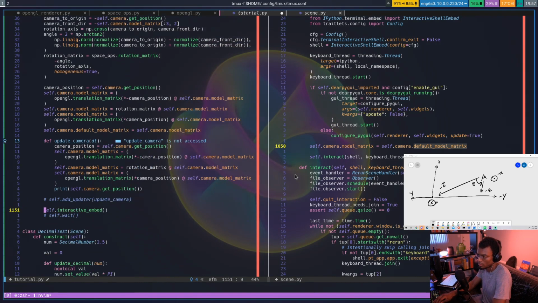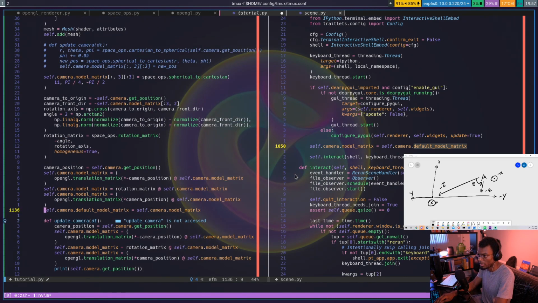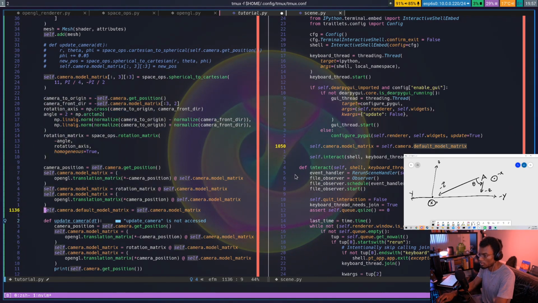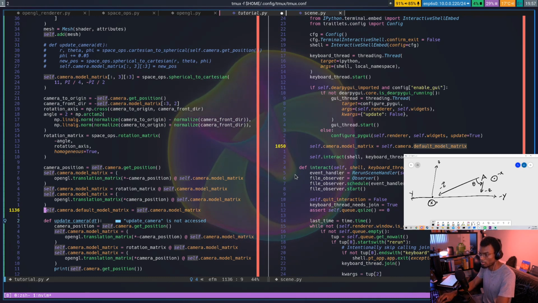Okay. Yeah, I don't think this will actually be enough. It's only in this case it happened to be enough. But it could be the case that even if the camera is looking at the right point, the origin, it could be rotated so that it's looking at it with like a tilted frame.